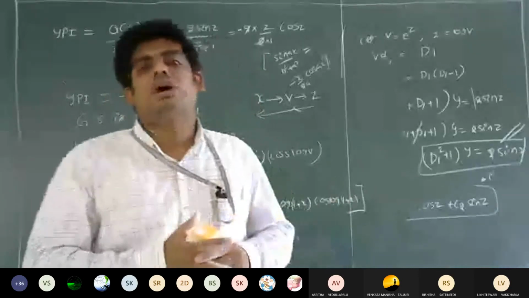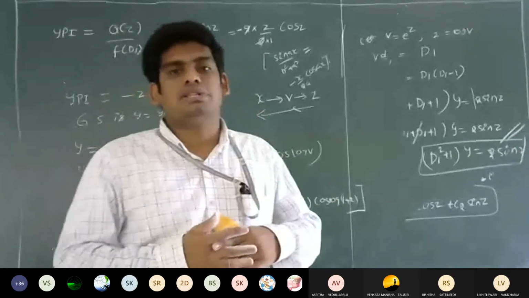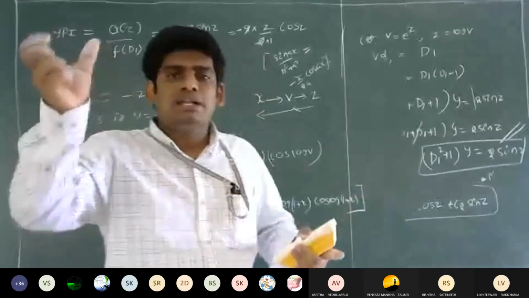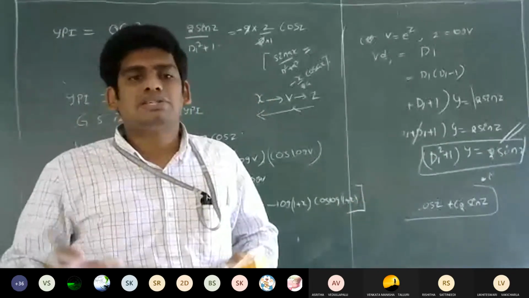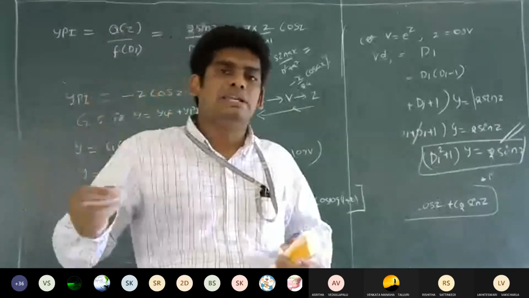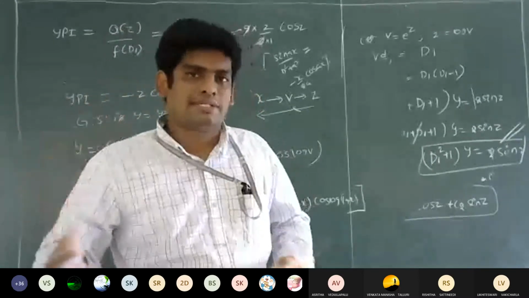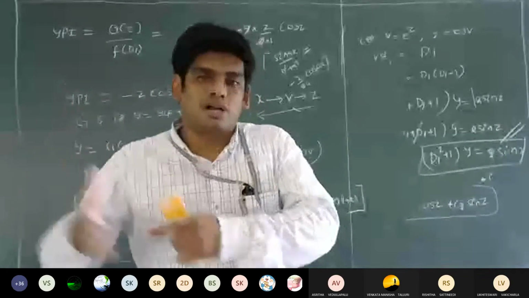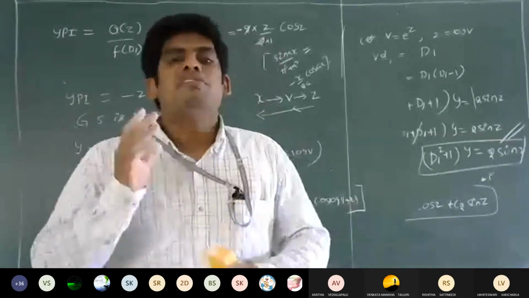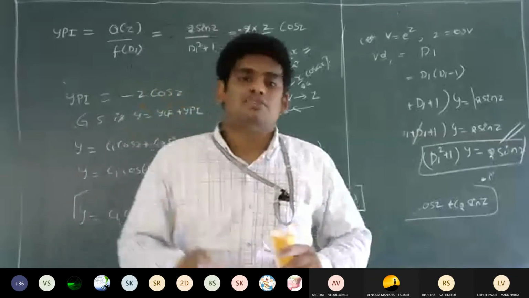Next, we already know the working procedure for the Cauchy-Euler type differential equation. What is the working procedure? Originally the given differential equation is a function of x and y, so the independent variable is x. After the transformation into the Cauchy-Euler type, the independent variable is v.